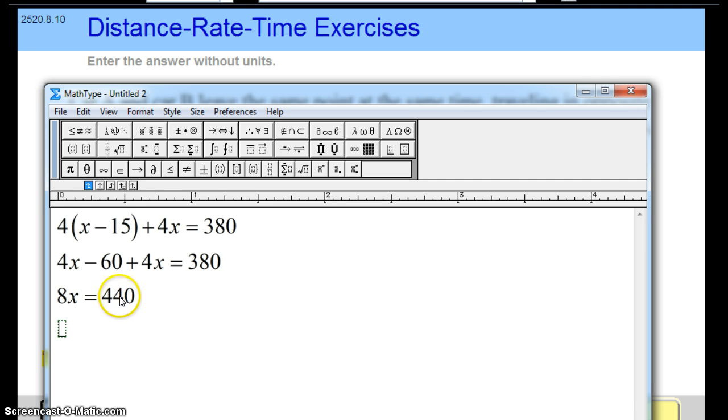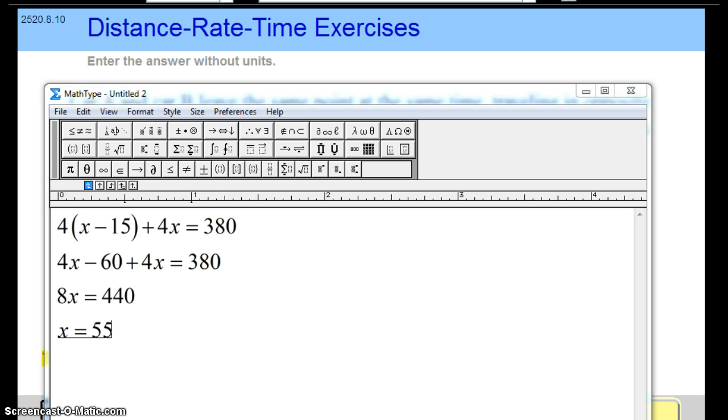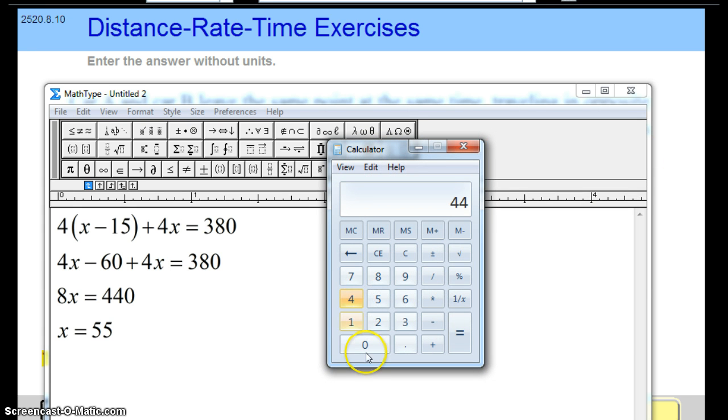The way I like to think about it is that 8 goes into 45 times, and it goes into 44 5.5 times, because half of 8 is 4. So 44 divided by 8 would be 5.5, and add an extra 0. So I'm guessing that x equals 55. But always check these things on your handy calculator because it's so easy to. Let's do 440 divided by 8 equals 55.